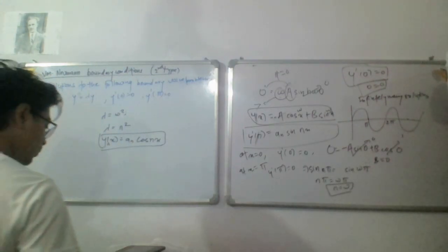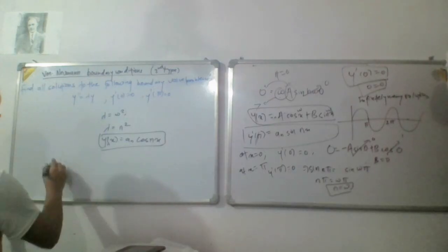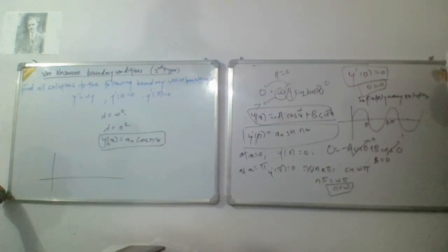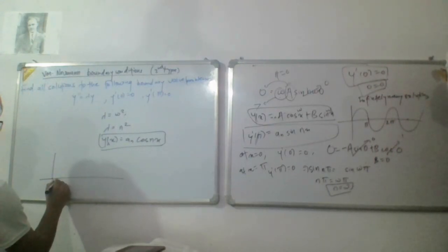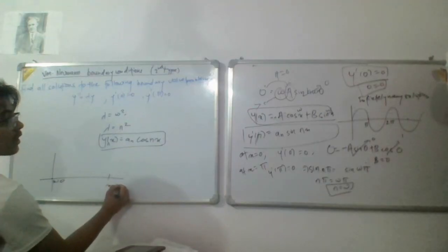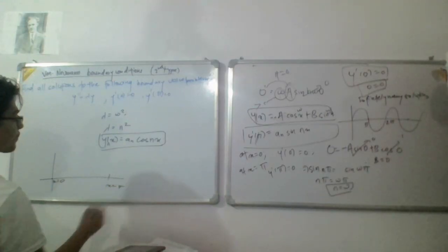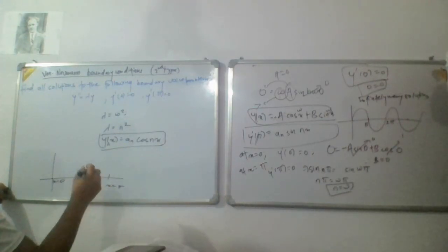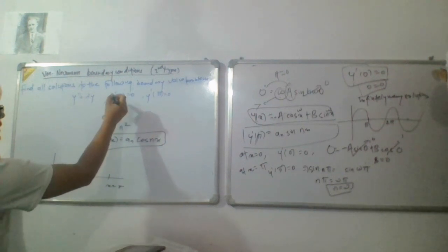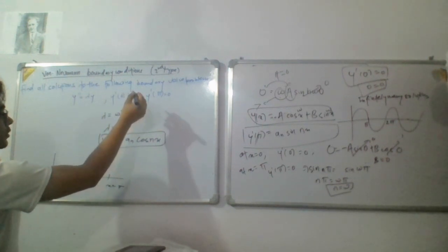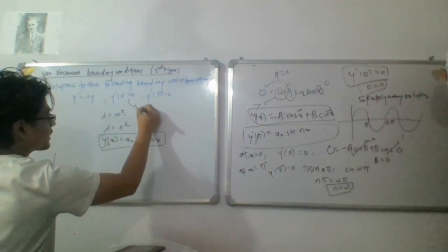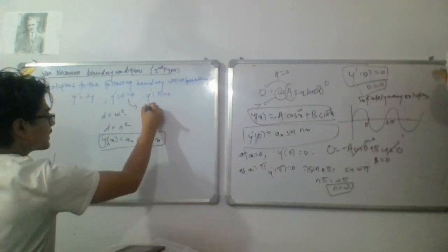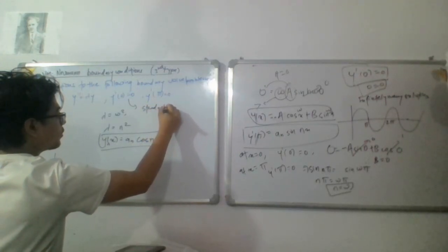Now, if we want to visualize this, we may see it in this way. At x equals 0 and at x equals pi, the boundary value problem starts with first derivative 0. First derivative 0 means it is at the steady state or equilibrium, right?